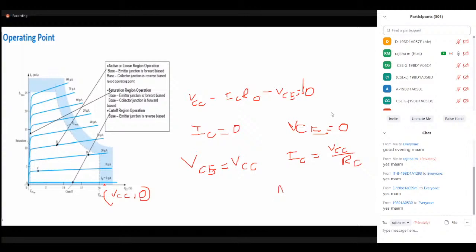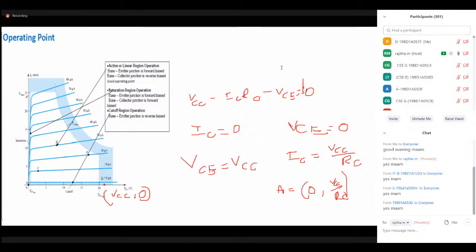Hence node A I can obtain as the x coordinate value is 0 and the y coordinate maximum value is VCC divided by RC.